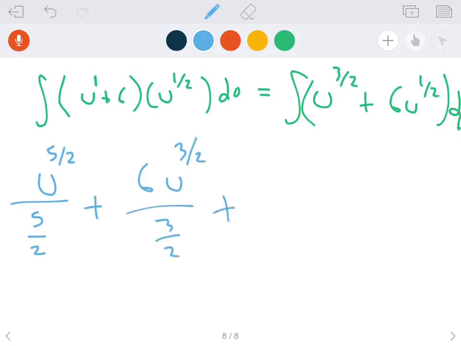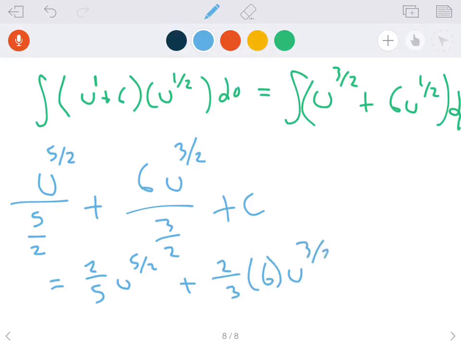There's no limits of integration, so I need my plus c. Let's simplify my fractions. So that's 2/5 u to the 5 over 2 plus 2/3 times 6 u to the 3 over 2 plus c. That'll cancel, that'll be 2 times 2, that's going to be 4.